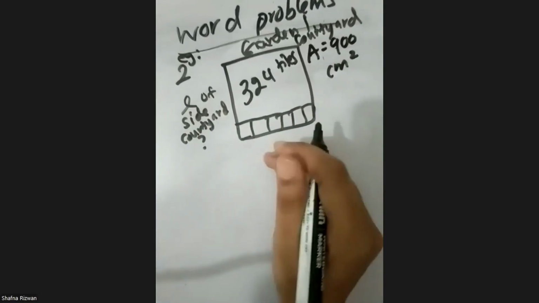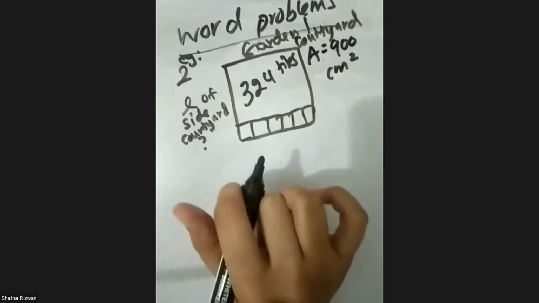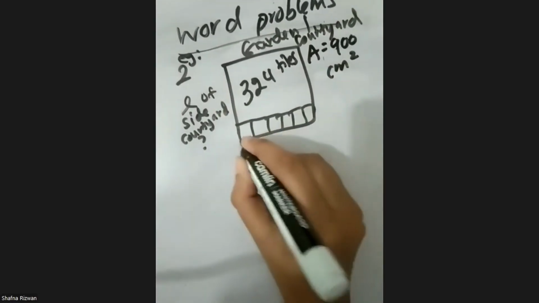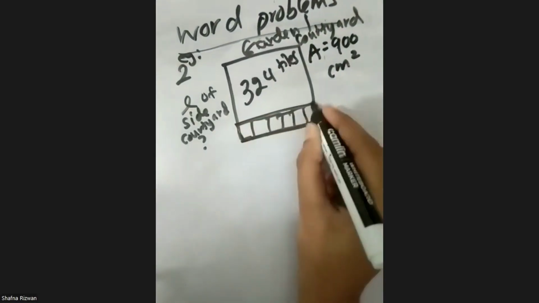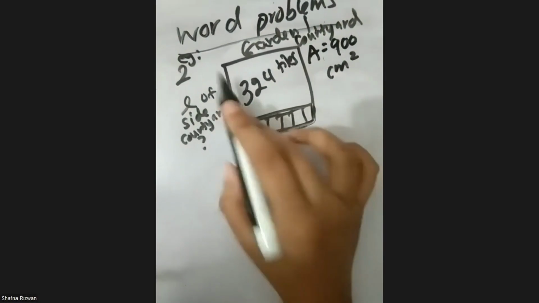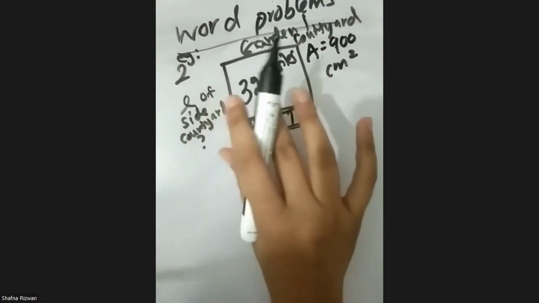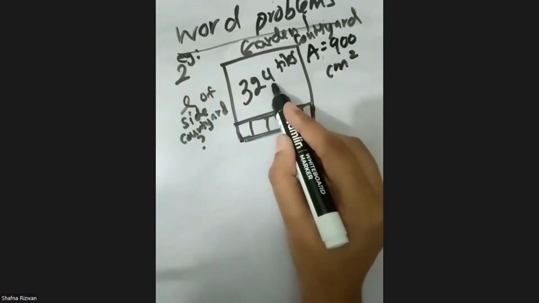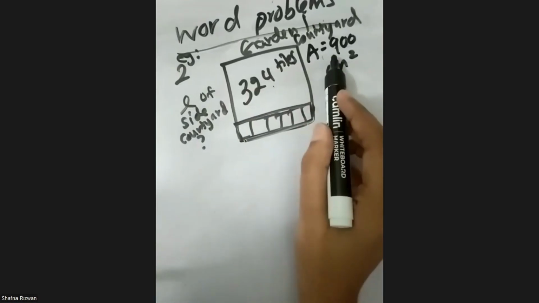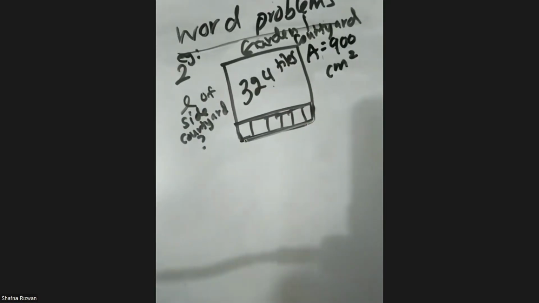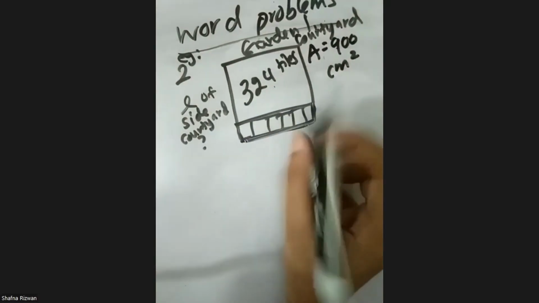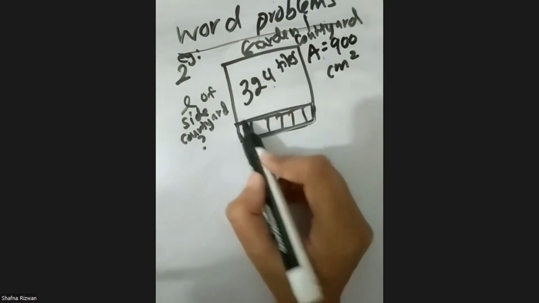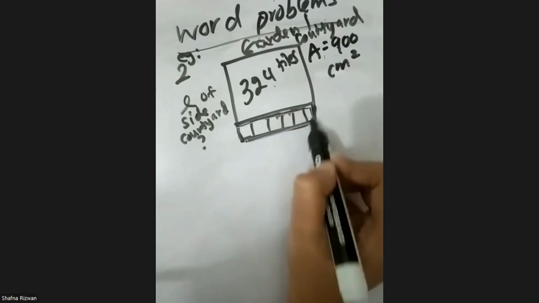For that, first of all, what you have to do is find the number of tiles that you have in one row. This garden is made up of tiles, how many tiles? 324 tiles. And the area of this garden is 900 square centimeters. And if it is made up of tiles, you will have several rows like this. To find that, first of all, how many tiles do you have in one row?